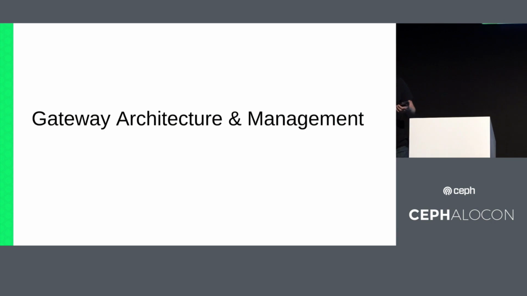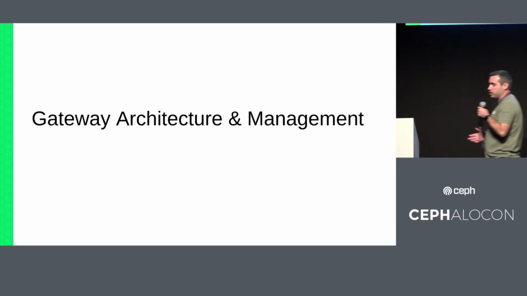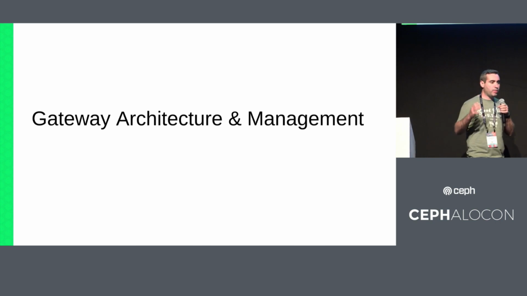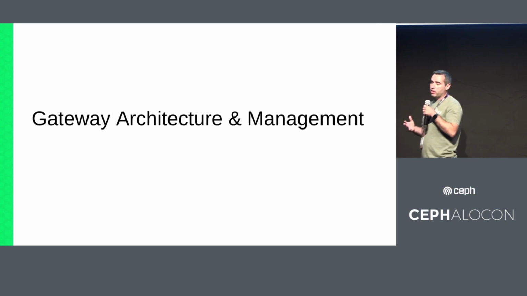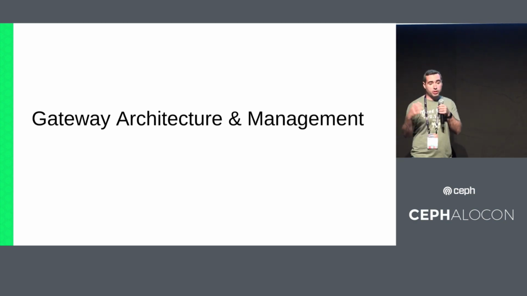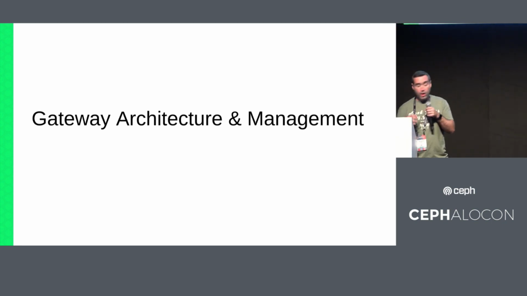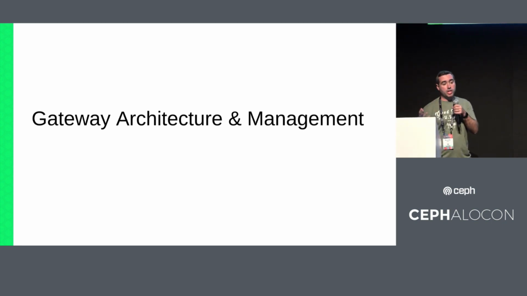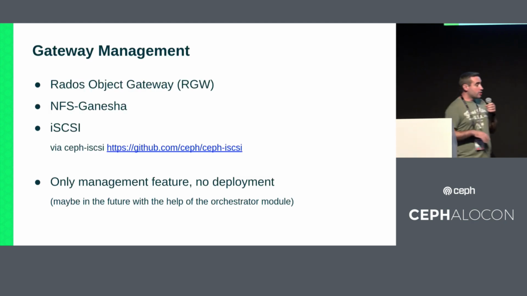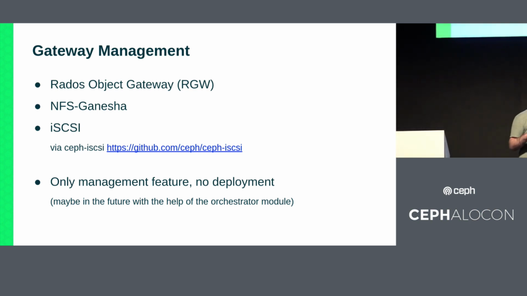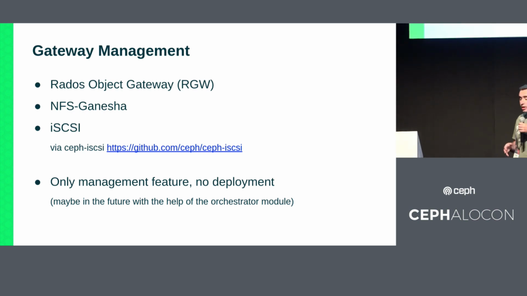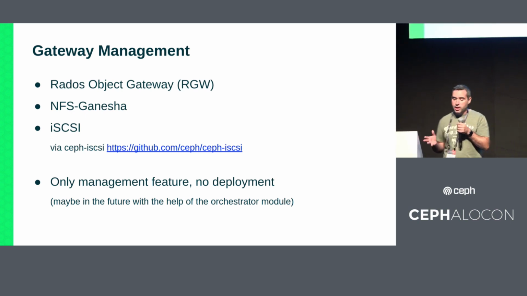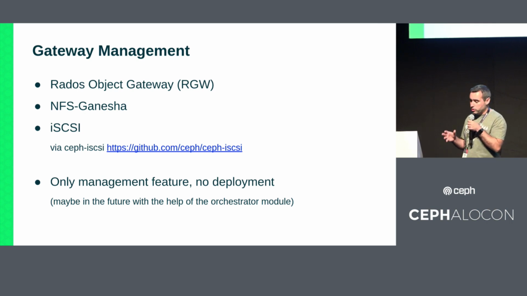All right, thanks. So everything that Kai has been showing is functionalities that you can manage that are implemented within the Ceph cluster. But Ceph Dashboard is also capable of managing external services, which we call the gateways. And I'm going to talk briefly about how the dashboard can actually manage these external services. So currently, the dashboard is capable of managing the Rados object gateway, the NFS Ganesha gateways, and also iSCSI gateways.